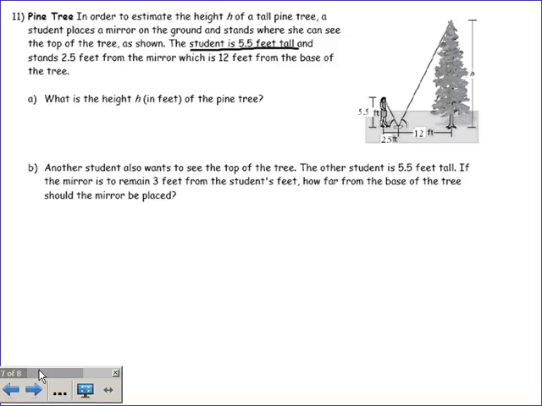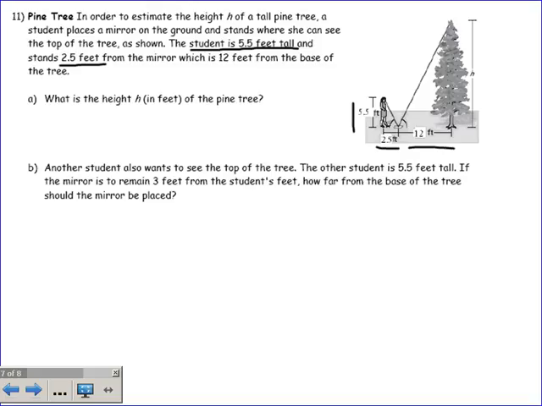And she stands 2.5 feet from the mirror, okay, so that's labeled on there, which is 12 feet from the base of the tree. So the idea is that you can measure this 2.5, you can measure the 5.5, you can measure the 12, you just can't get a ruler out and actually measure the height of the tree, okay? So it's actually called indirect measurement because you can't actually take a ruler and measure the height of the tree. Says what is the height in feet of the pine tree?